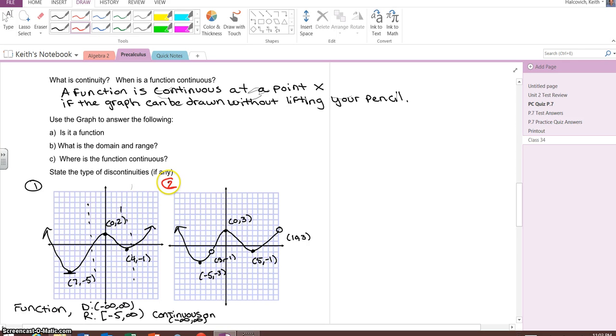For number two, if you look at it, it is a function because it passes the vertical line test. What is the domain and range? Well, the domain, if we go from left to right, well, it's everything up to -3. And then it goes from -3 to 10 on the x.